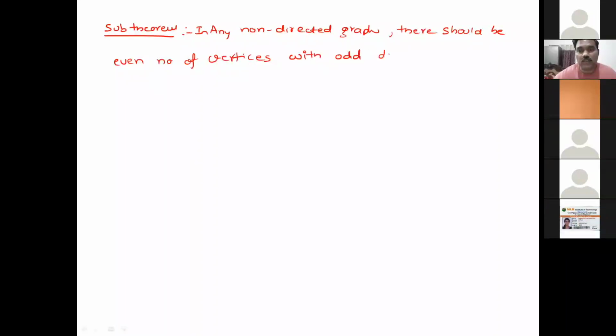So this point is very, very important. You take any non-directed graph, there should be an even number of vertices with odd degree. There must be an even number of vertices with odd degree.